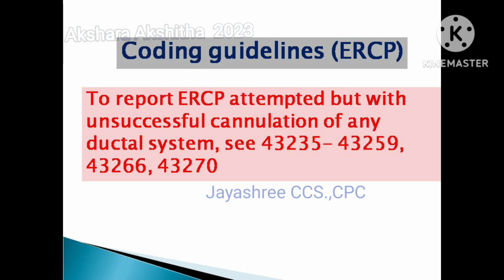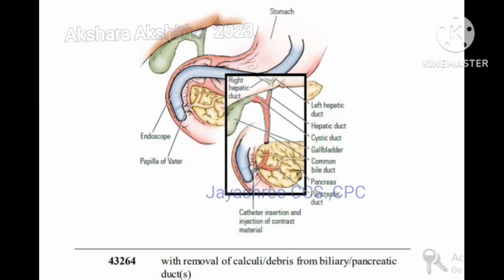We have to code endoscopy procedures only, we should not code ERCP CPT codes. Then percutaneous biliary catheter procedure code range is 47490 to 47544.